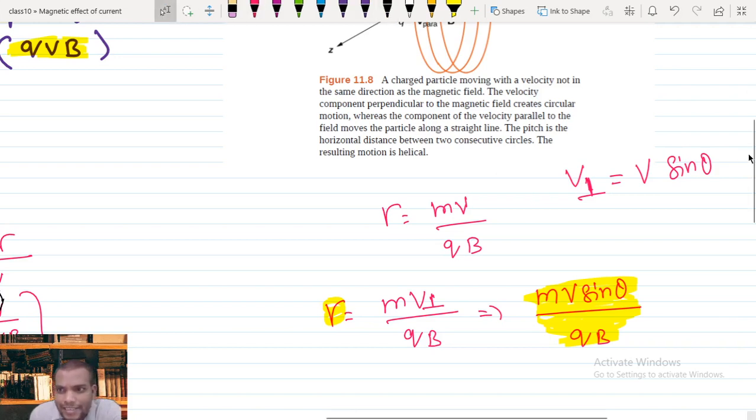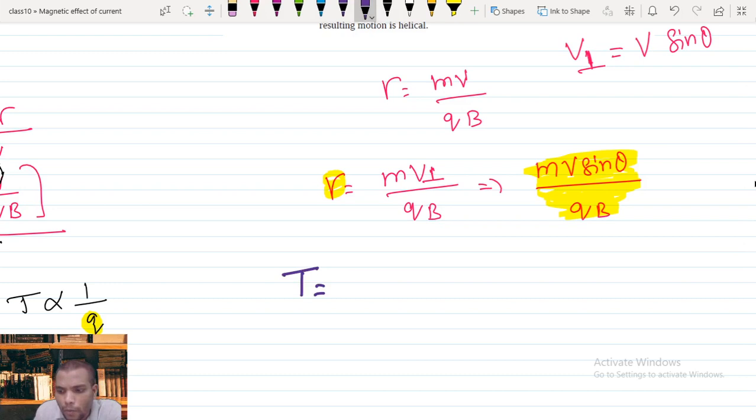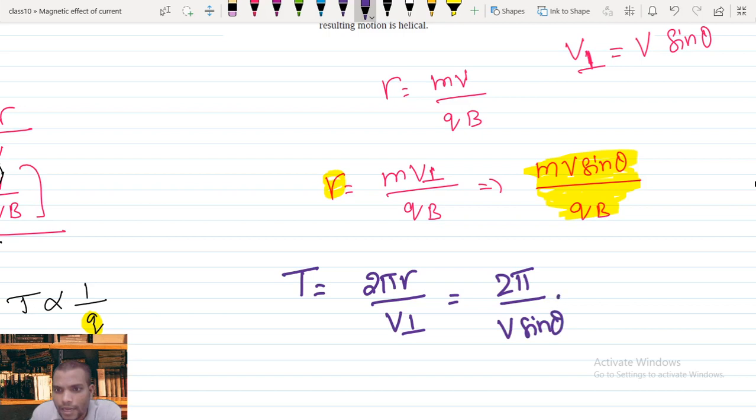Anyway, we got the radius. Let us substitute in the time period. In the earlier expression we got the time period T equals 2 pi r upon v, circumference upon velocity. Here the velocity equals the perpendicular component. If we rewrite, that equals 2 pi upon v sine theta times r.